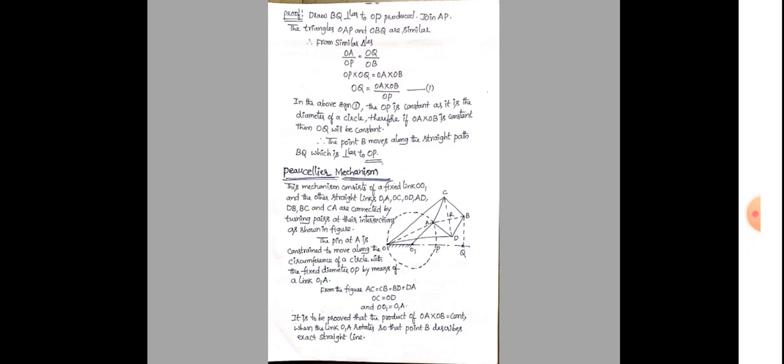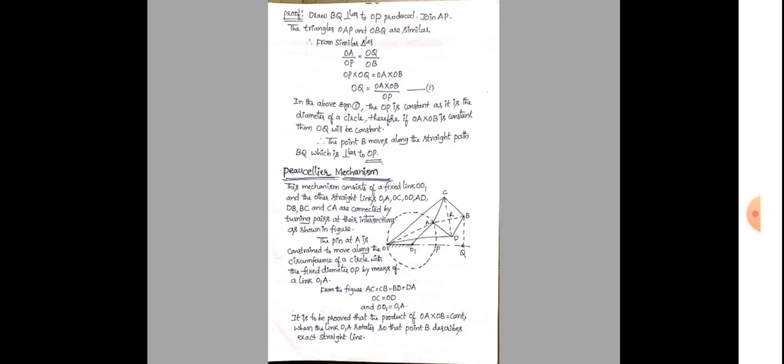If I examine equation 1, one can say that for a given circle the diameter is constant. Here the diameter of the circle is OP. Therefore, if OP is constant, then OA into OB will be constant.